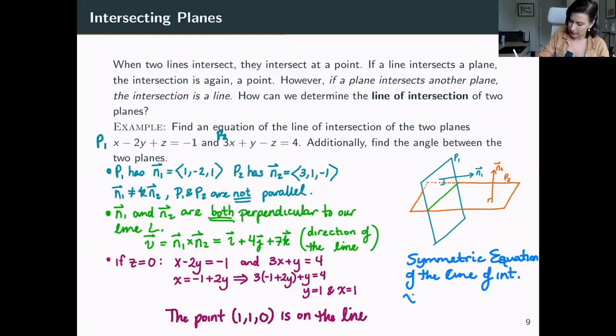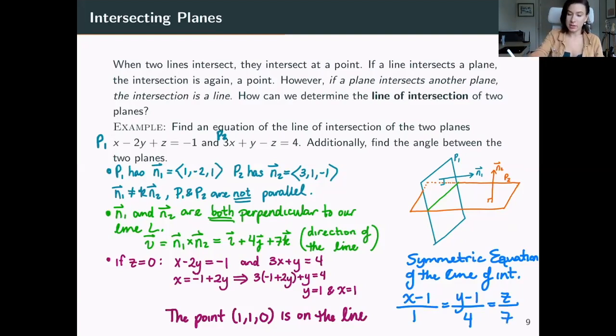So we will have x minus 1 over the x direction, which in our case is 1, equal to y minus the y coordinate, which in this case will be 1, all divided by the direction in y, which is 4, equal to z minus the z coordinate, which would be 0, divided by the direction of z, which would be 7.